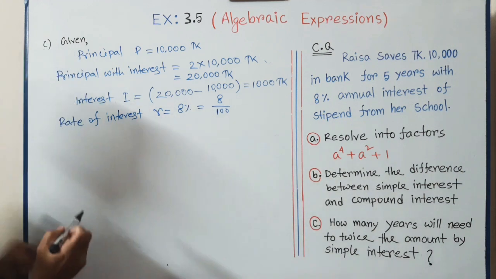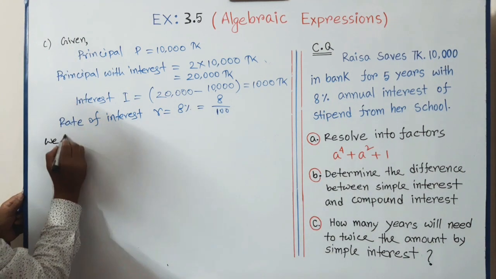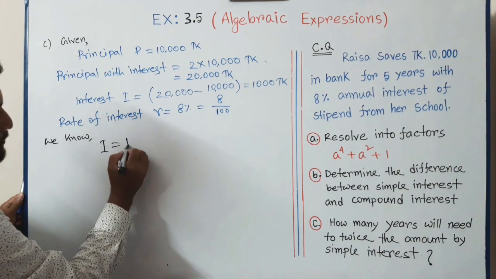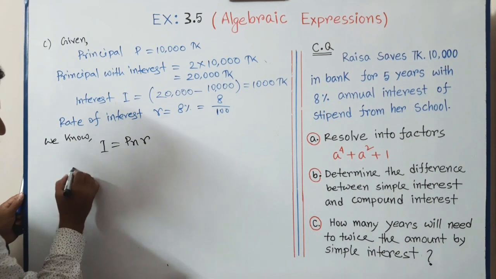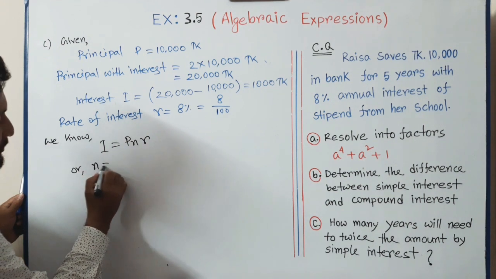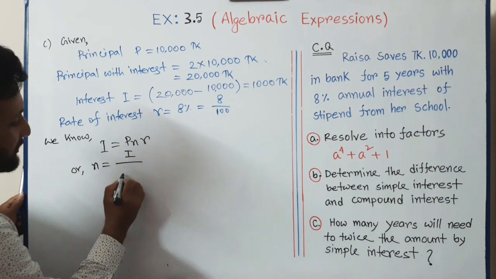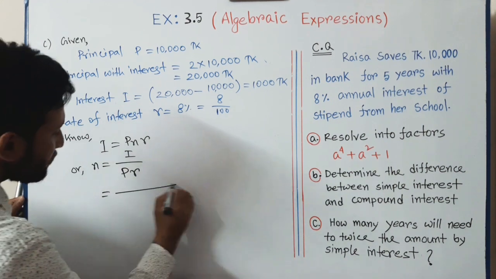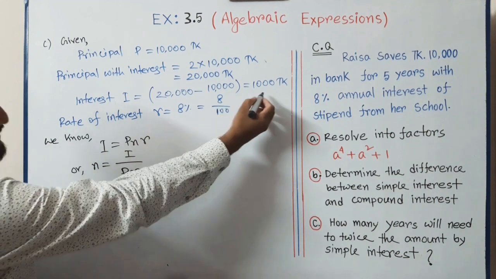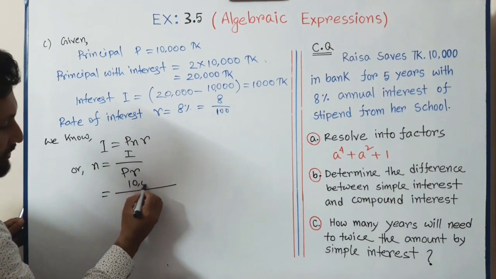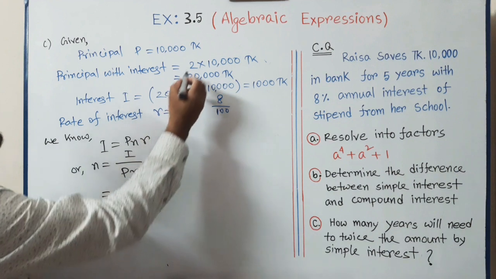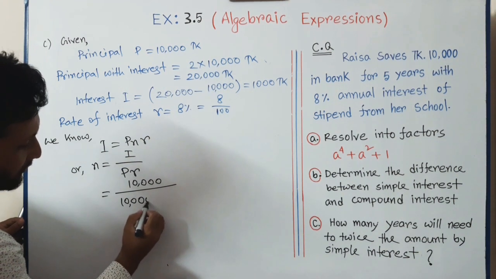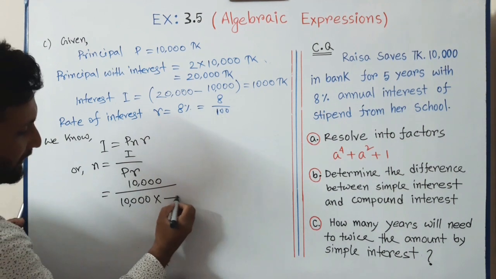We know the formula of simple interest: I equal to PNR. Now we can say that n equal to I divided by PR. Okay, so now putting the values from the given part, I, that means interest 10,000 taka, and P principal 10,000 taka, and R that means 8 by 100.